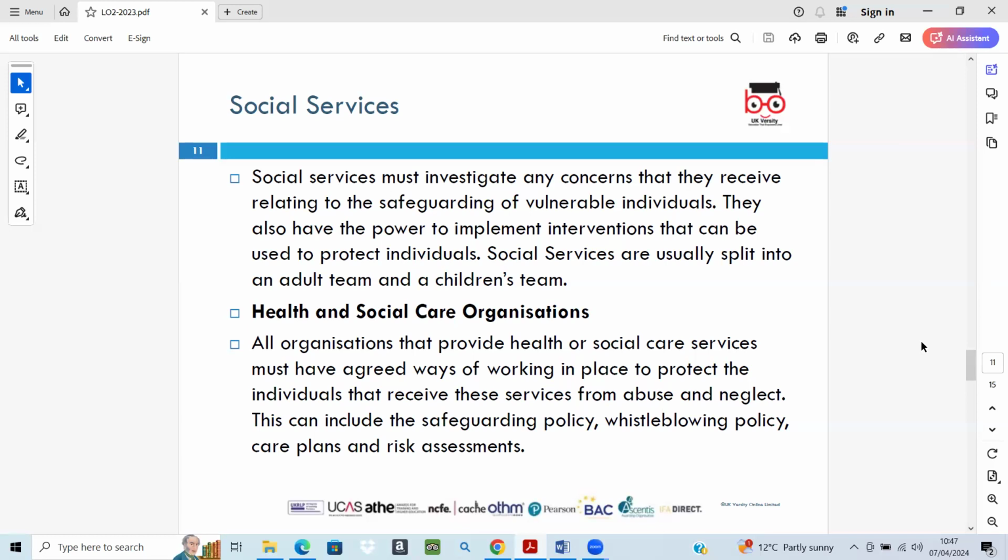In terms of children, there might be a child in need threshold. In terms of an adult, we cannot say a child in need, so it would be an adult in need, but there would be different procedures, like the sections would be different. Sometimes we use section 42, sometimes we use section 17, so it depends.